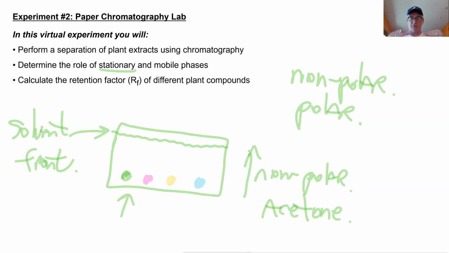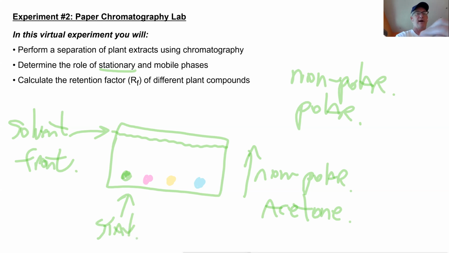So as acetone is moving up, the green spot is a relatively non-polar molecule. Is it going to move with the acetone, or is it going to stay where it is? Barely move. Just stay. So everybody's saying stay. Okay, so that one's going to stay.